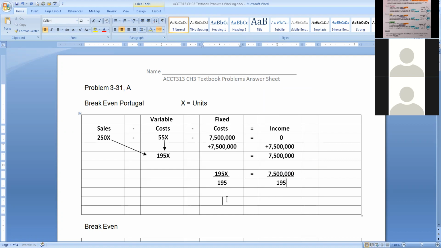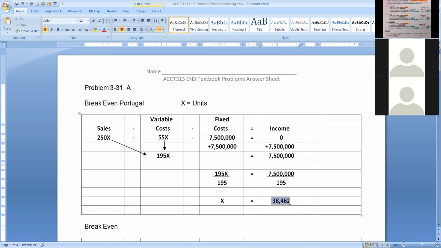And so we'll end up with X equals whatever that is. 38,462.